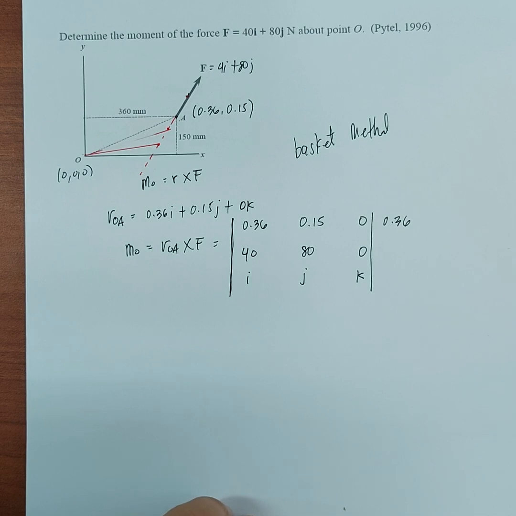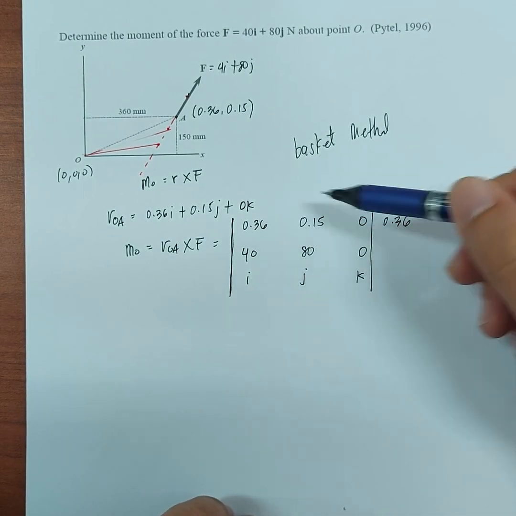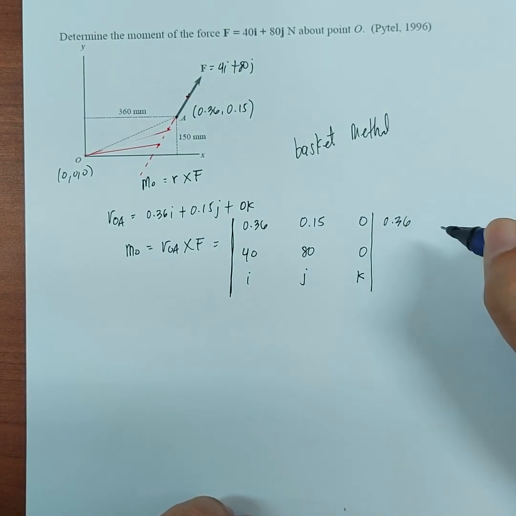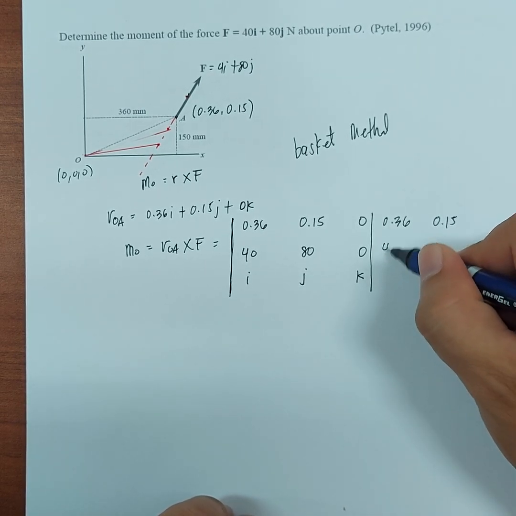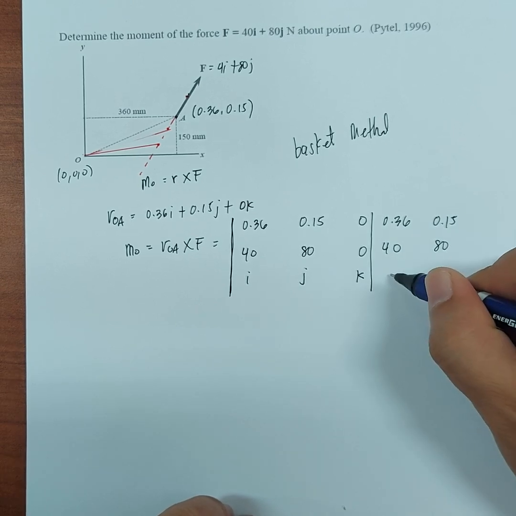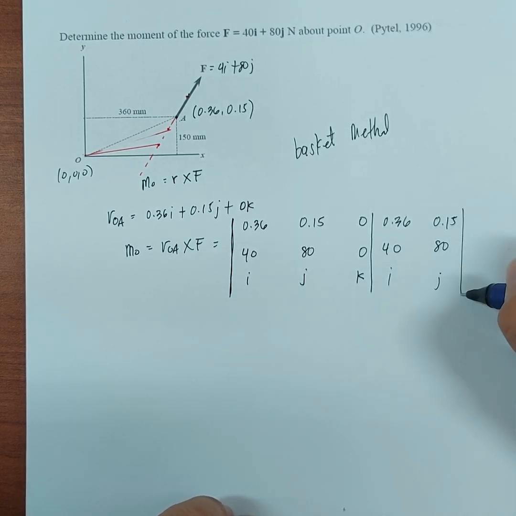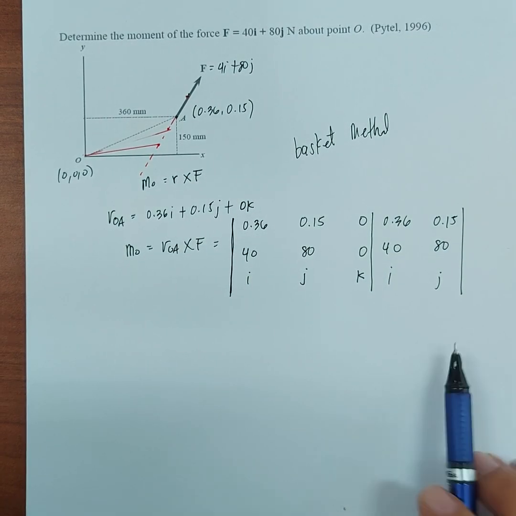So in the basket method, we copy the first two columns here. So we have 0.36, 0.15, 40, 80, I, J. Okay.